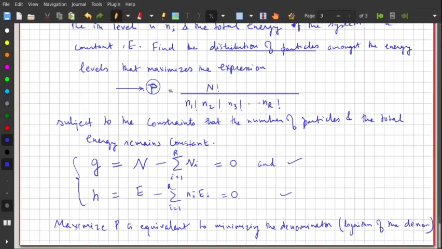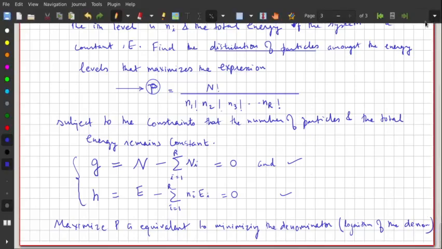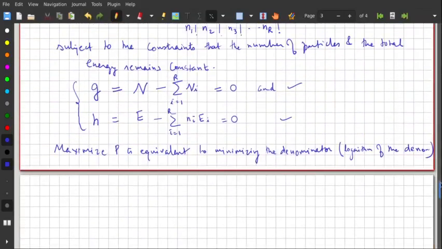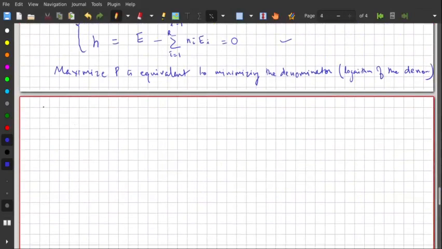Okay, so we cast this problem of maximizing P as a minimization problem, because we want to minimize the denominator basically. So the function that we are trying to minimize is f equals log of n1 factorial, n2 factorial, n3 factorial, up to nR factorial.